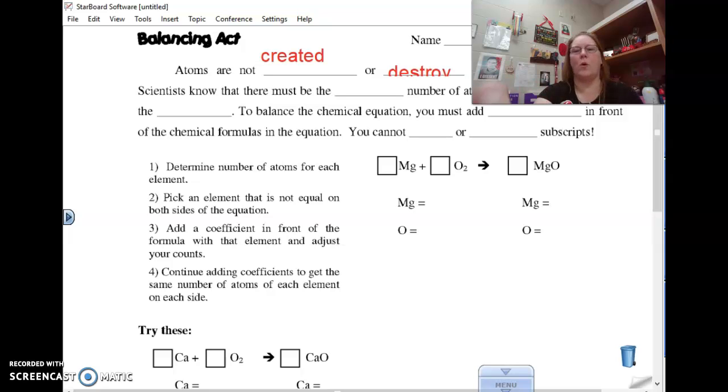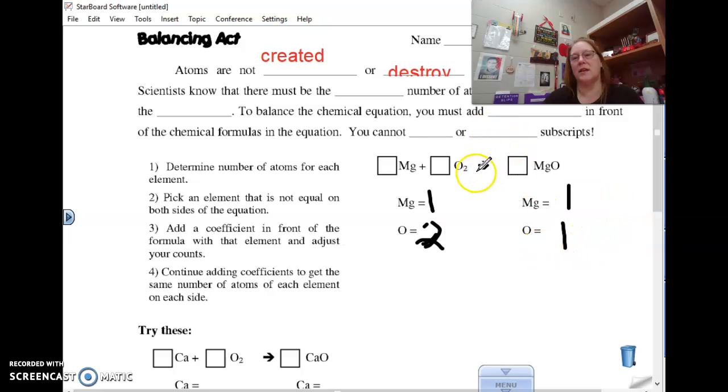We have 1 magnesium and 2 oxygens on this side, and on this side we have 1 magnesium and 1 oxygen. As you can see, there are two oxygens on this side, but only 1 on this side.